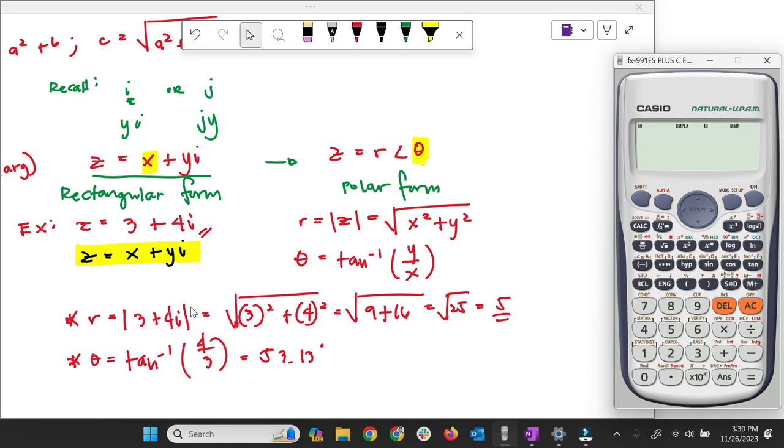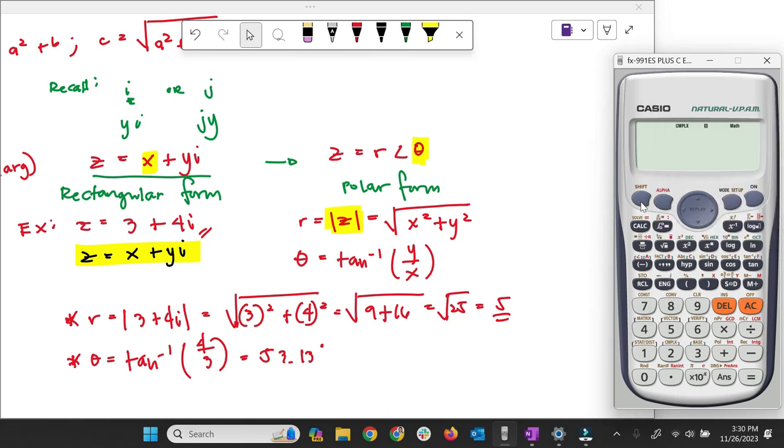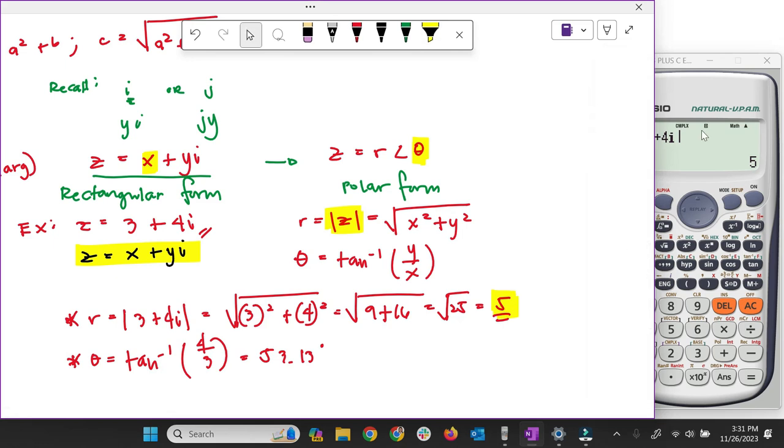So, let's have the absolute value, shift abs of 3 plus 4i. Press equals, 5. Okay, kasi, yung ibibigay lagi sa'yo ni absolute value of z is the mod or the r itself. So, that's why 5 ang sagot, similar dito, which is 5.